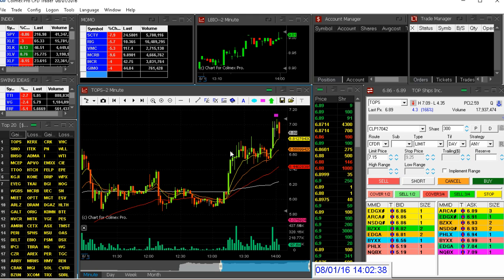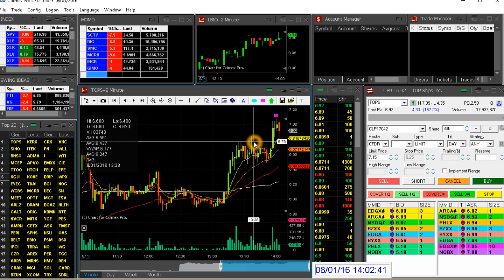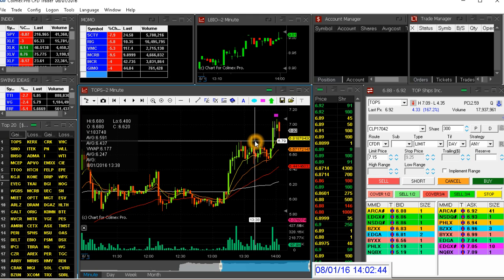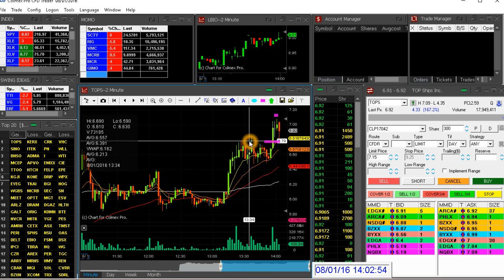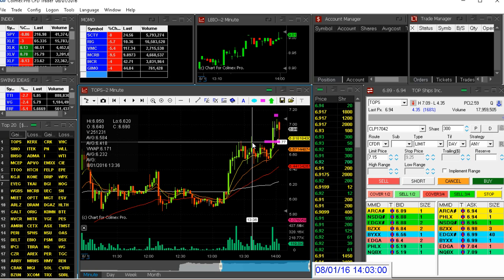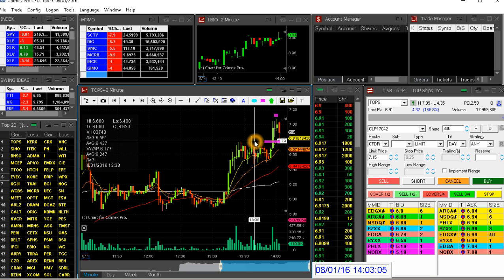And let's say that you want to go short, okay. I want to go short at 6.79, right here at this price, and it is the lowest level that I want to short this thing. If the price goes below that area, the limit order is not going to execute, okay.